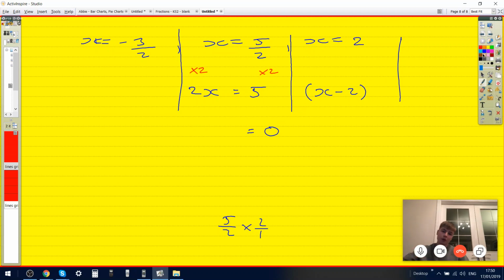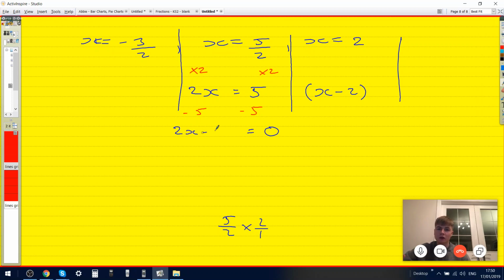No, I don't know, sorry. So to get rid of the 5, you do minus 5 both sides. All right, yeah. And so what do you now have on the left side? 2x minus 5. And so what is the bracket for this one? 2x minus 5. Yeah. So exact same thing, one on the left.